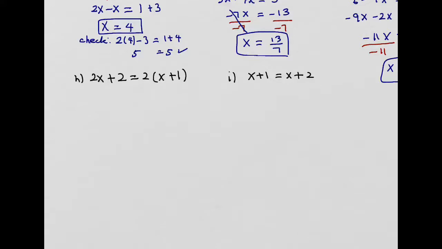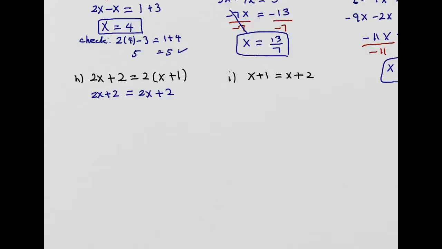In all the other problems we had one solution, right? But you don't always have one solution. That's what I wanted to show you. We don't know until we solve the problem. So for this problem H, I see the parentheses, so I want to get rid of those first, right? The left side stays the same, and on the right side you do the distribution.